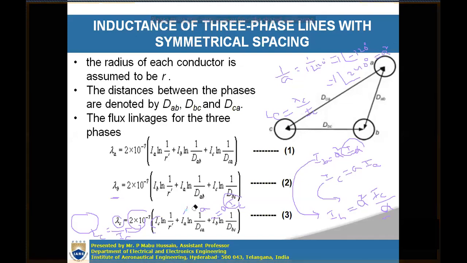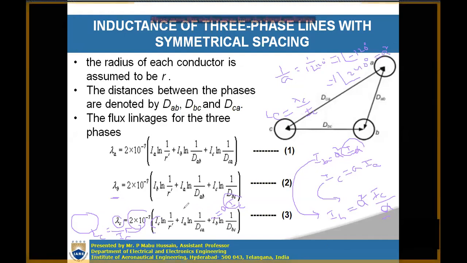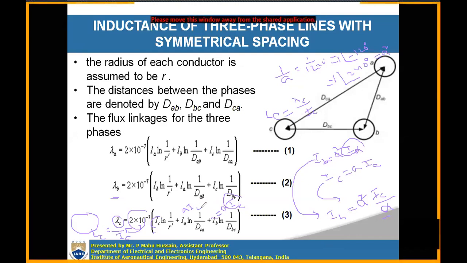So in place of this, you can write A square into IC, since 1 by A is written as A square.